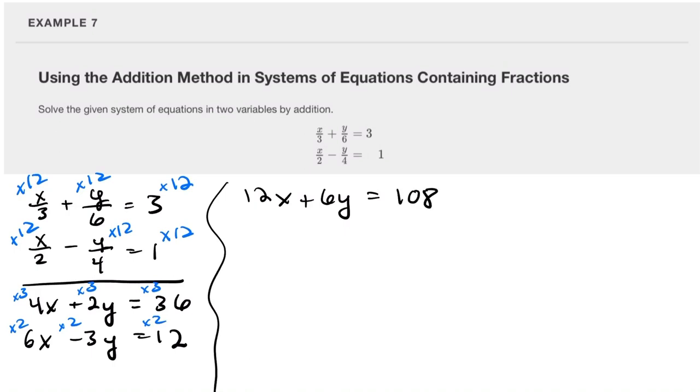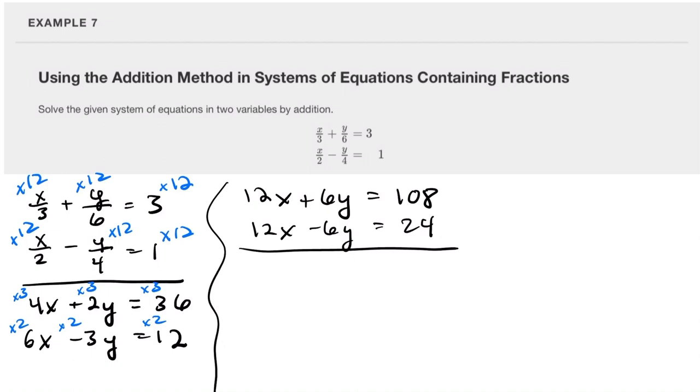Okay. The second row, we get 12x minus 6y equals 24. So now notice our y's have the same coefficient with opposite signs.